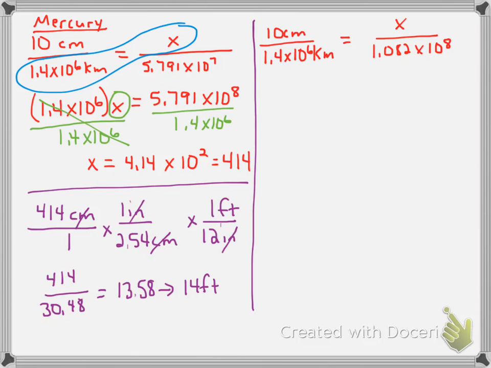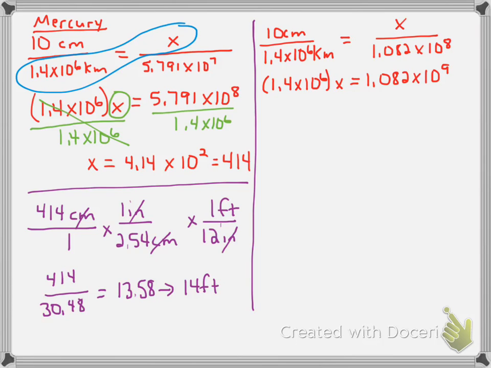So cross products, just like last time, we have 1.4 times 10 to the 6th times x is equal to what? 1.082 times 10 to the ninth power. Good.